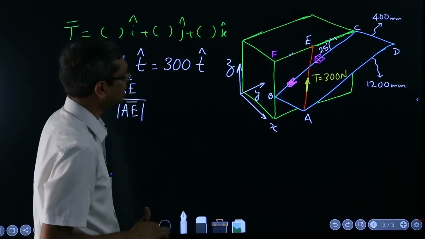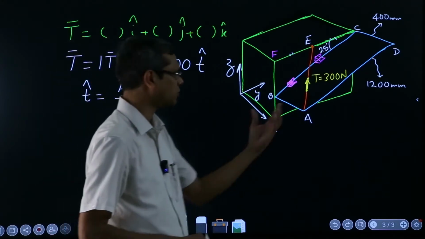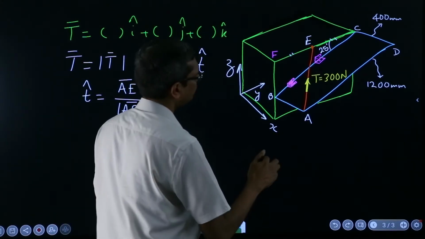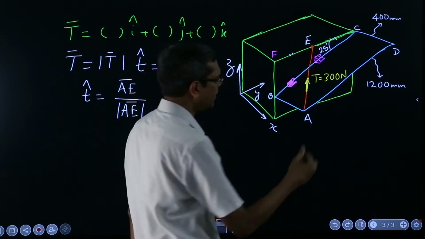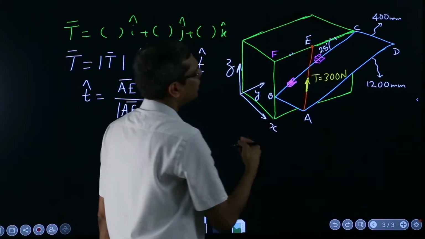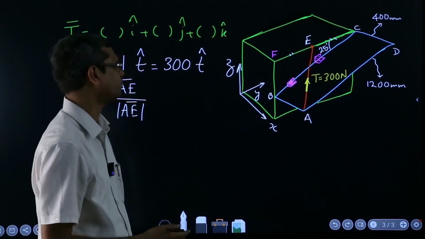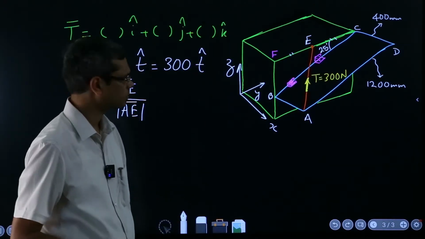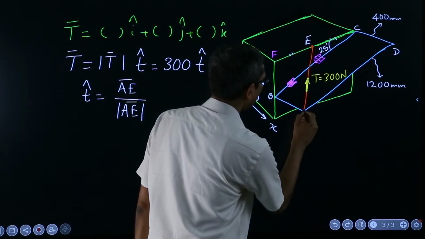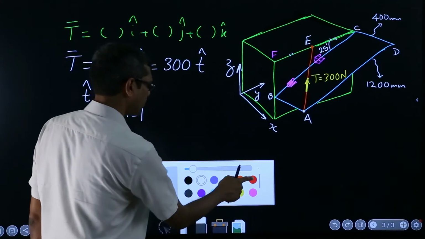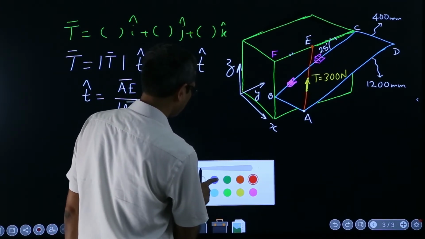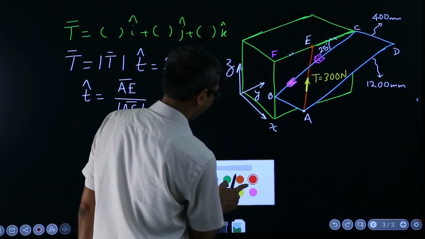Now to find out the AE vector from the geometry, the arrow, what we should do is, from the general method, from the tail to tip we have to move by following the axis. So we start from here.